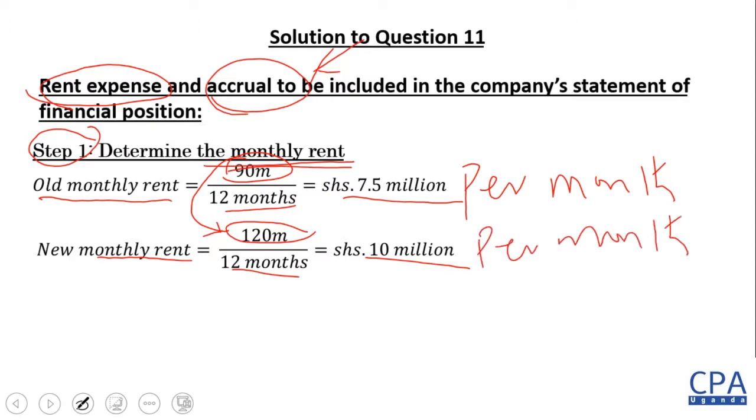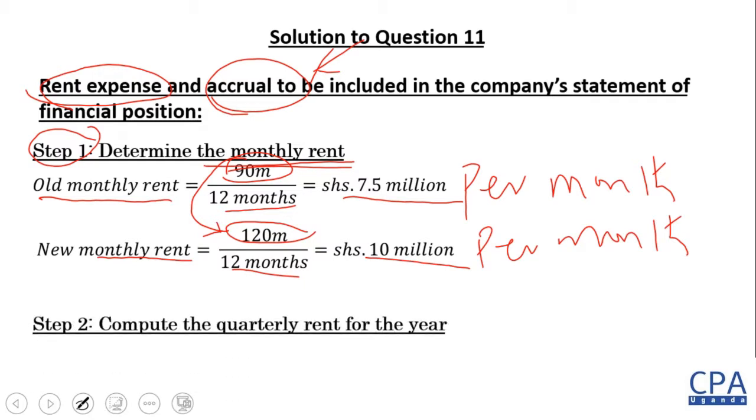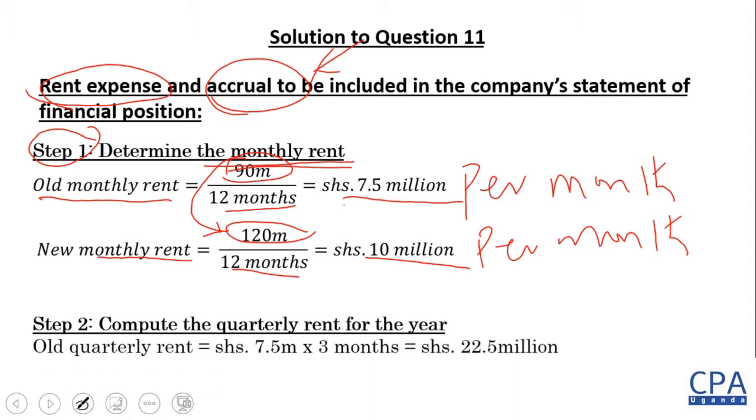Right. After getting the monthly rent, we move into step number 2, where we compute the quarterly rent for the year. Using the old rate, we have the 7.5 million from step number 1 times the 3 months that make up a quarter, and that gives us 22.5 million.